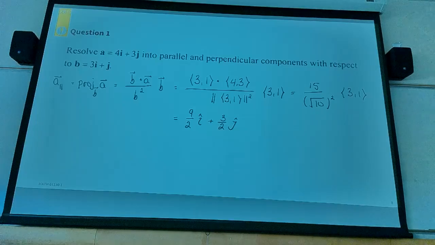Perpendicular component. This one's nice and simple: A minus the parallel component, because A has to be the sum of the two, the parallel and the perpendicular.